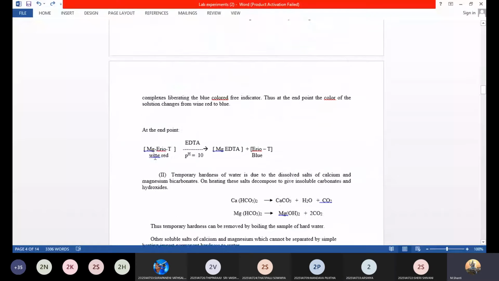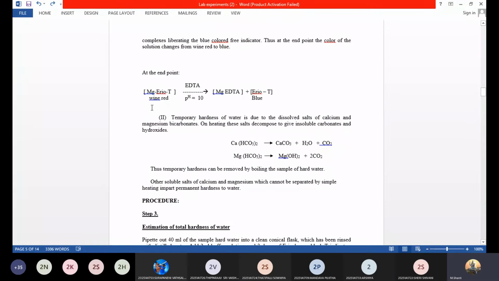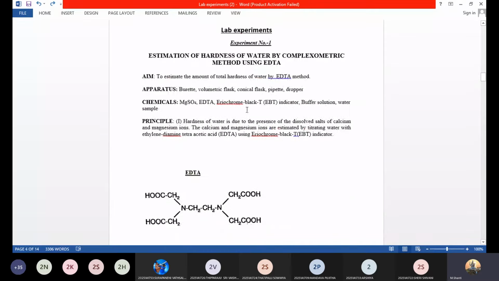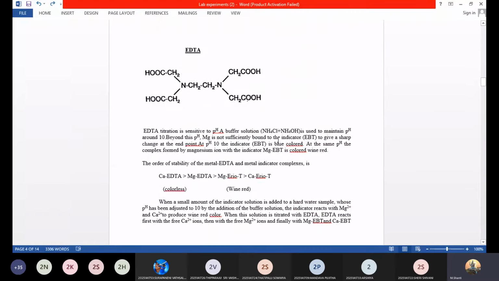Yes, ma'am. Okay. So in the conical flask, you take your sample hard water. As you know, hard water contains the salts. To this water sample you are going to add the indicator. What is the indicator here? Eriochrome Black T. Okay. So 2 drops of indicator and 10 drops of buffer solution.